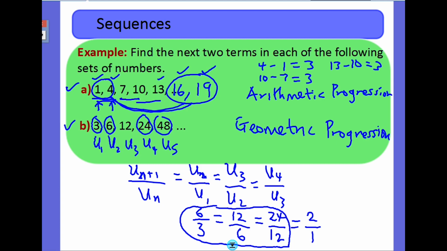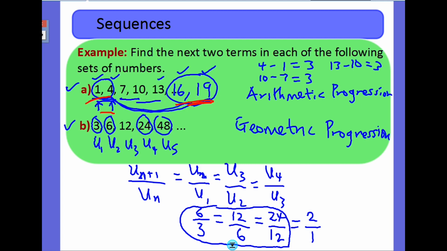And then if that doesn't work out, if the differences in the first pair and the second pair are not uniform, then try another logic and try to divide.